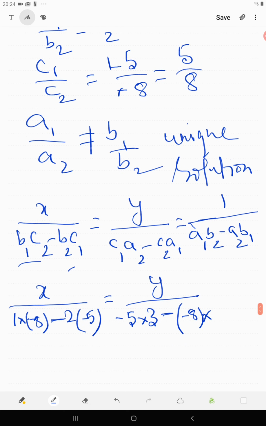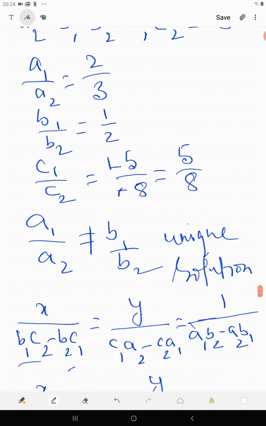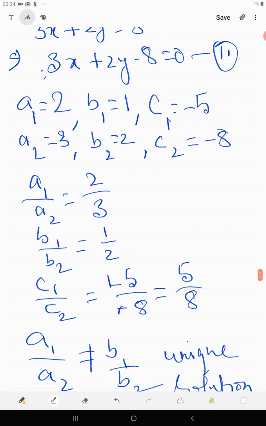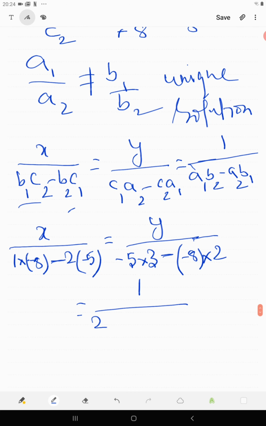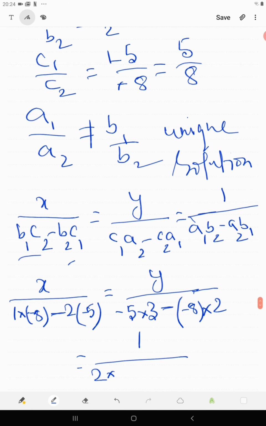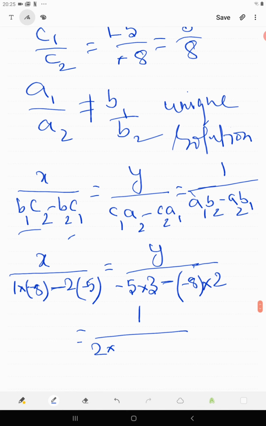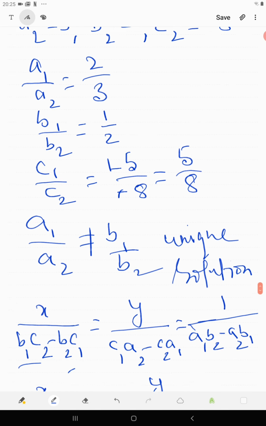A1 is 2. We are just putting in the values, simple. Equals to 1 divided by, what is A1? A1 is 2. So 2 into, what is B1? Sorry, A1 B2. So A1 is 2, B2 is also 2.